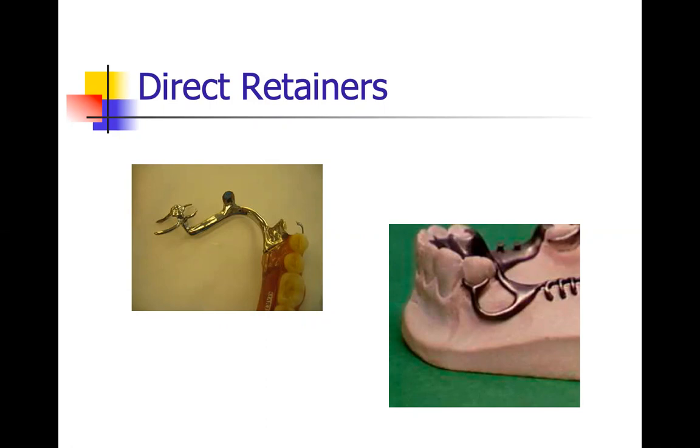Or, a direct retainer is any unit of a removable dental prosthesis that engages an abutment tooth to resist displacement of the prosthesis away from the basal seat. This is the direct retainer, this one.